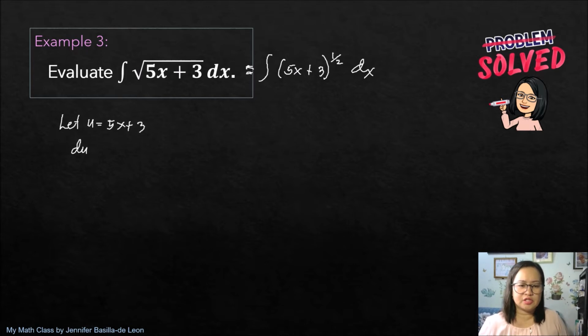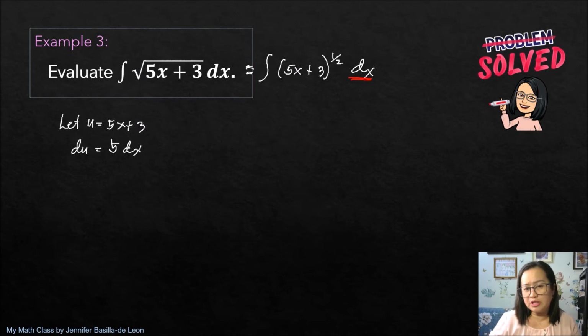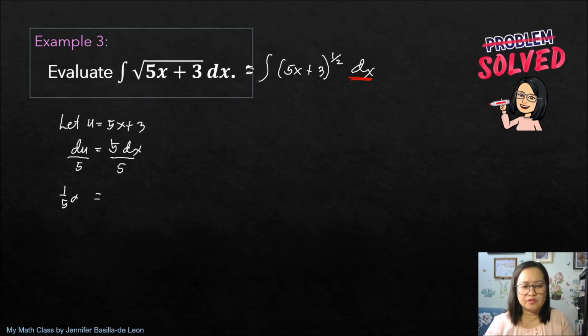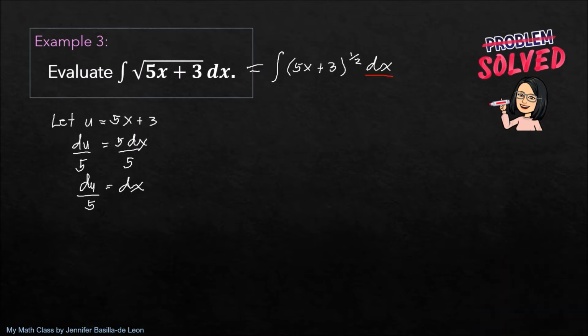Now to get du, we will have 5 dx. Now as you can see in the integrand, we only have dx. So we divide both sides by 5. So we will have 1/5 du equals dx.